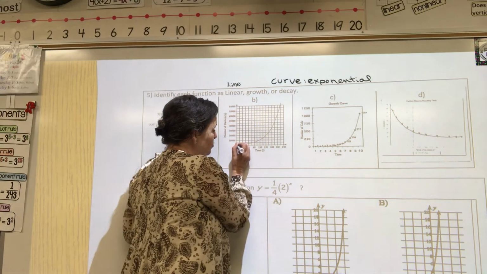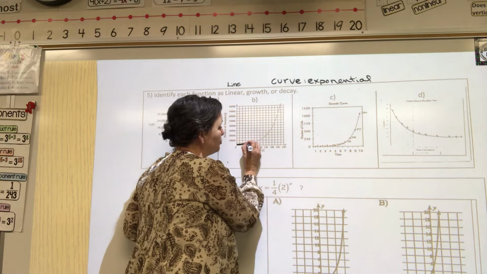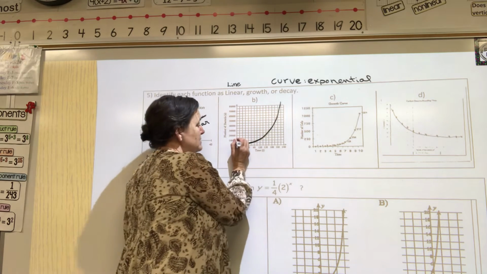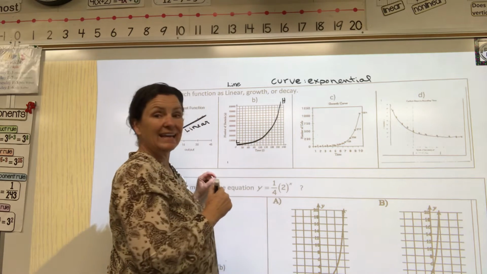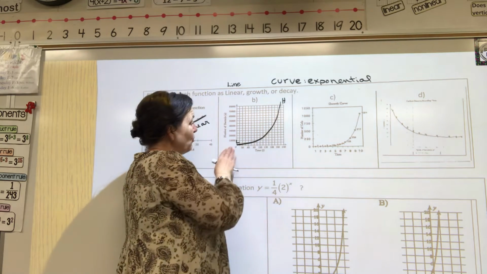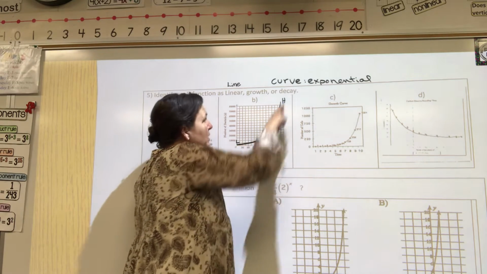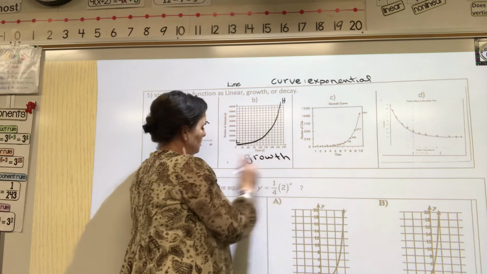So I can see that this graph starts low. It literally starts at this 0 here, and then it goes very high. Since it starts low, L for low, and then it gets high, I can tell going from left to right, just like we read in English, that this one is a growth graph.